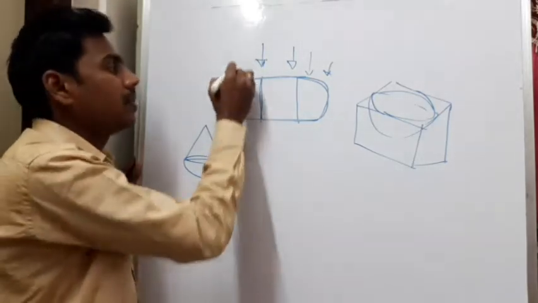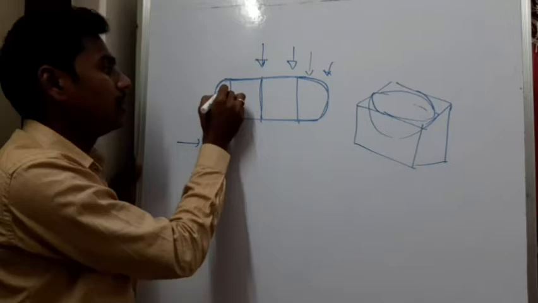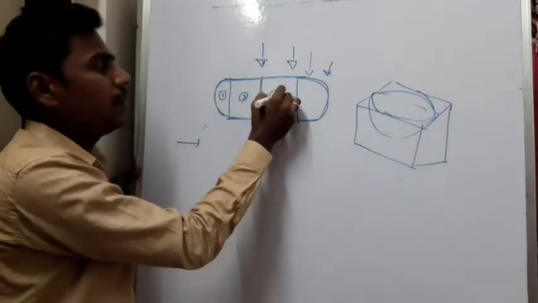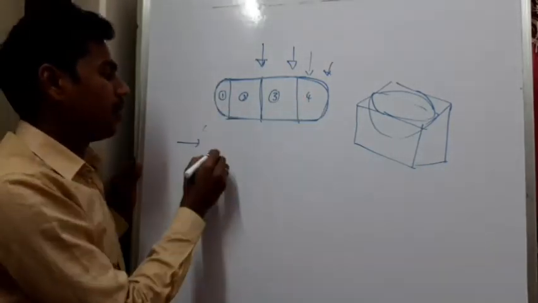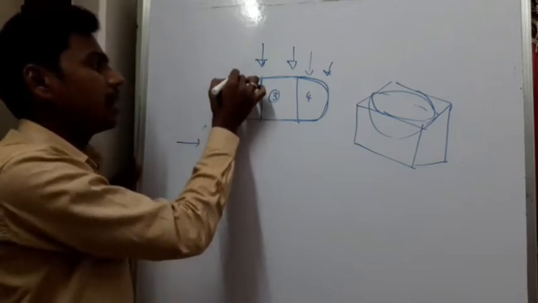But suppose if I want to measure the total surface area of this one, 1, 2, 3, 4. For this, what I need is the curved surface area.